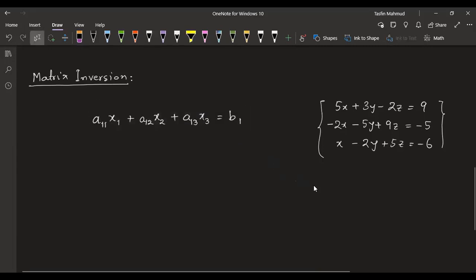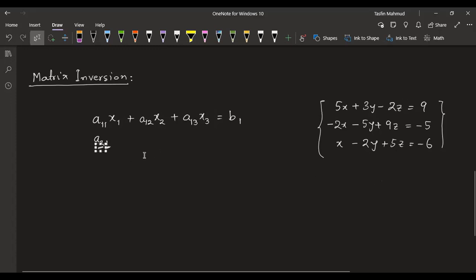We can write the second equation in this manner: a21, where the first number represents that it is the second equation, and the second number represents that this is the coefficient related to the first unknown. x1 is simply x if we want to make an analogy, x2 is simply y, and x3 is simply z.